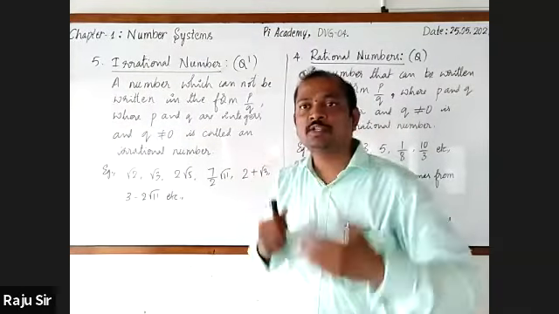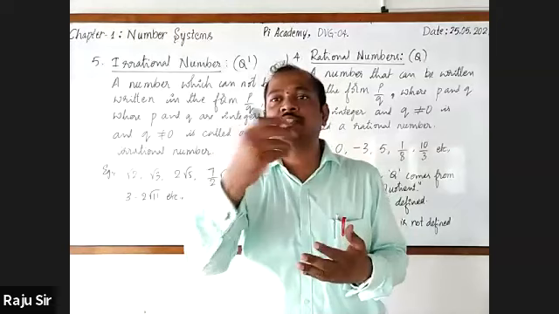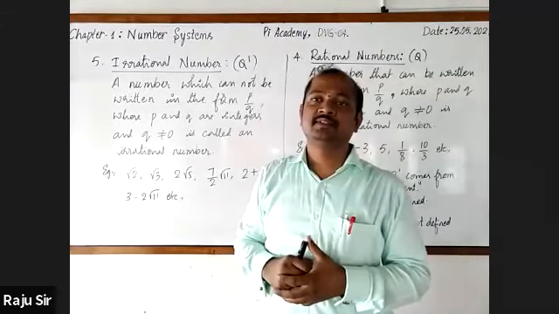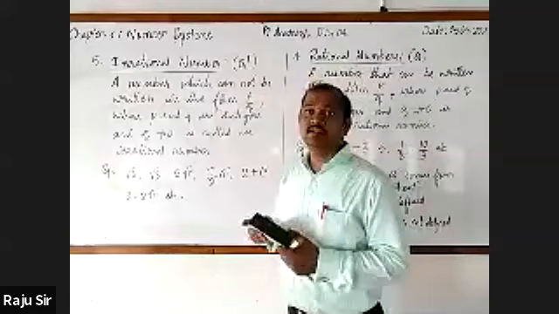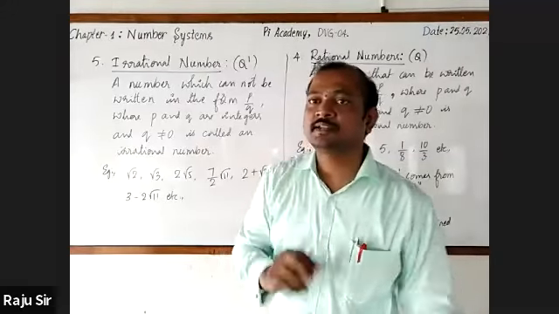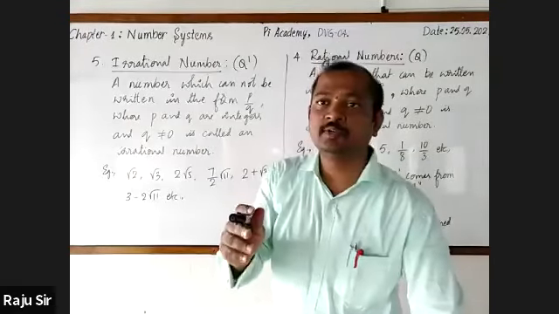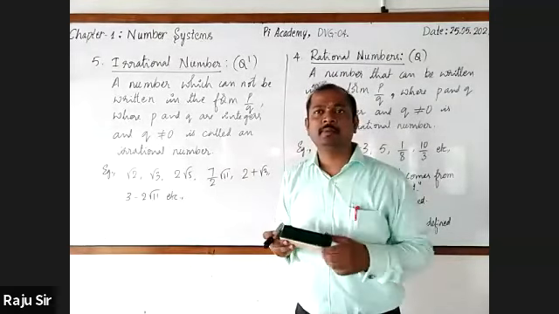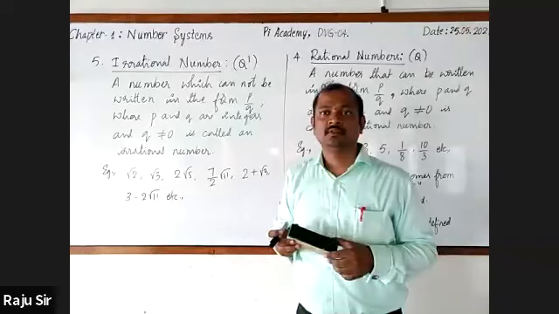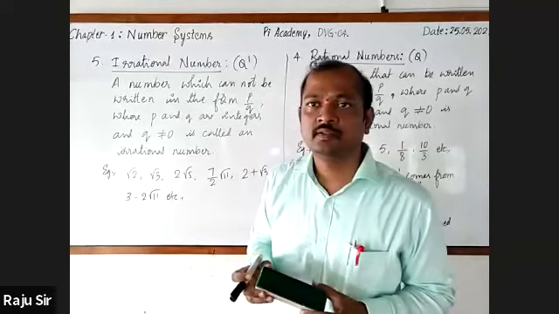Then ask me a question that, sir, why are you using Q dash as a symbol for irrational numbers? I'll tell you why. Dear students, in your previous classes, you have learnt about uncertainty, nothing but probability. Have you learnt or not? Yes, sir.